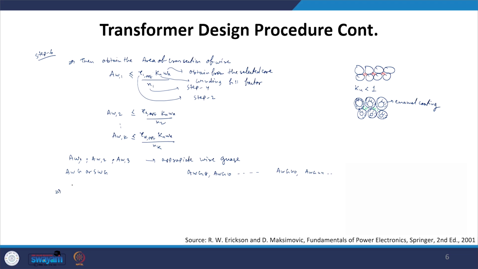Now in the entire thing, what we have assumed is that the wire geometry and the skin and proximity effect are not there.